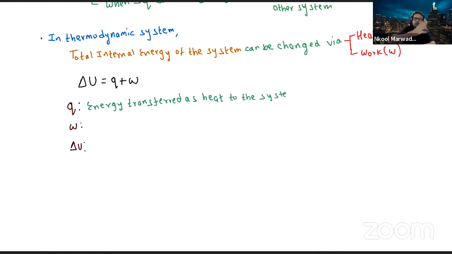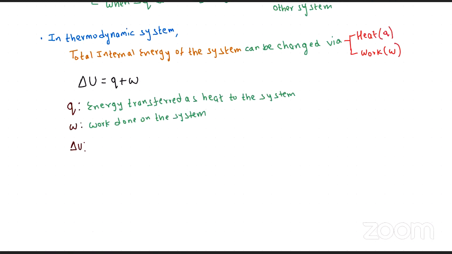Energy given to the system. And W is the work done on the system. And delta U is the change in internal energy of the system.